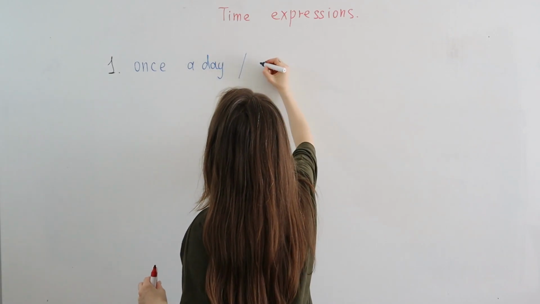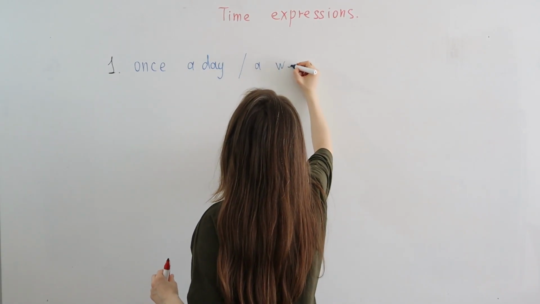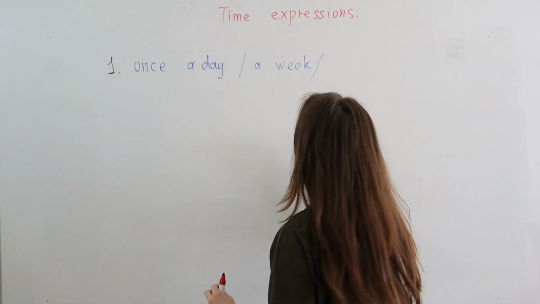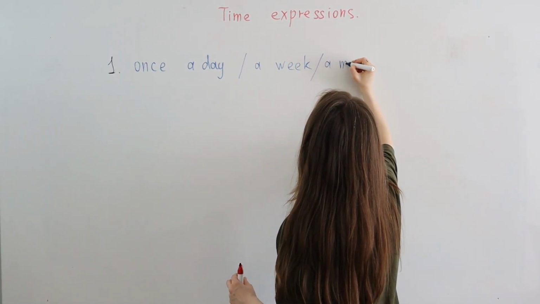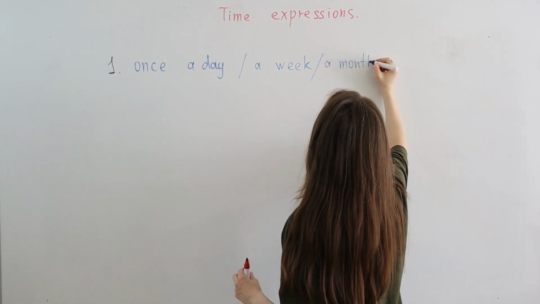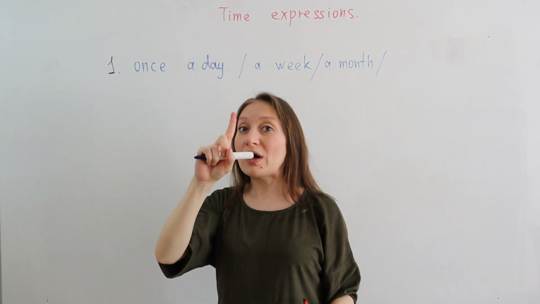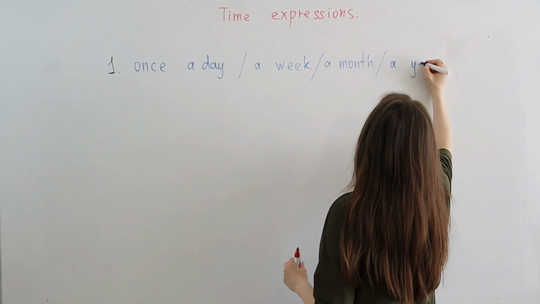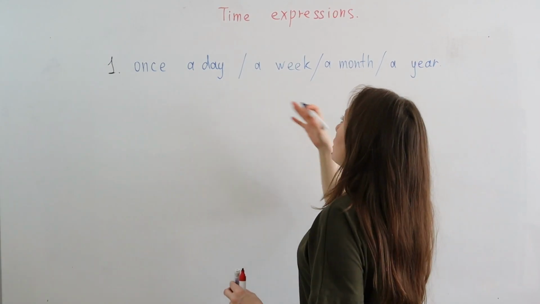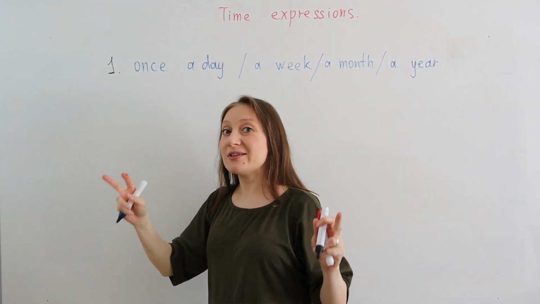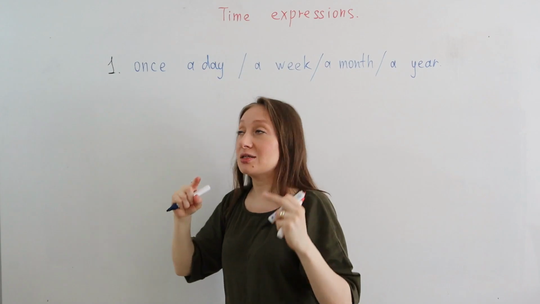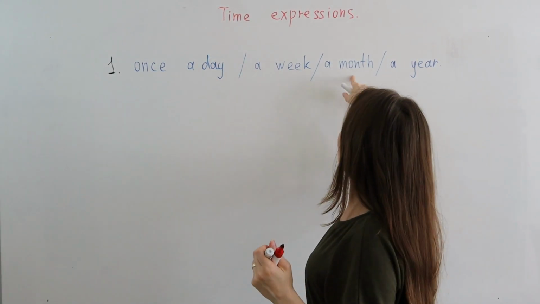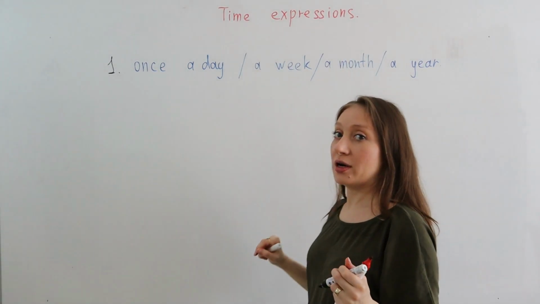Or you can say once a week or once a month or one time a year. You don't say once in a year, in a week. It's kind of an expression that you have to memorize. Once a day, once a week, once a month, once a year, right?